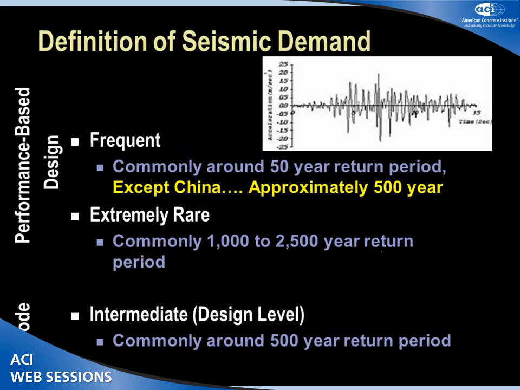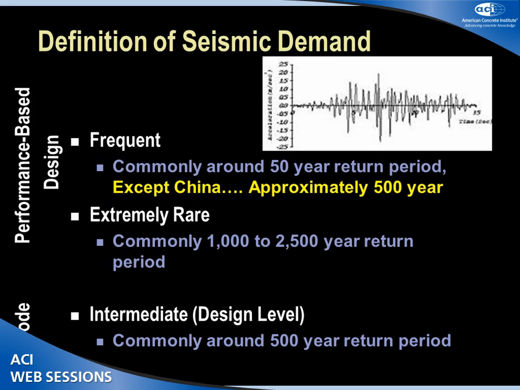In general, the definition of the seismic demand levels country by country are fairly similar, with the exception of China. China's frequent earthquake, by definition for tall building design, has a recurrence interval of about 500 years, whereas in most other countries, the frequent earthquake is viewed as a 50-year return period.